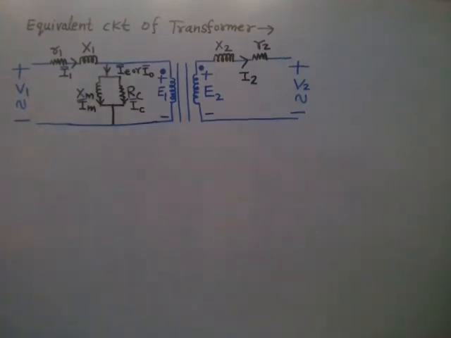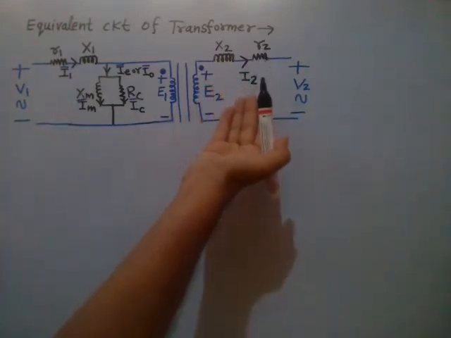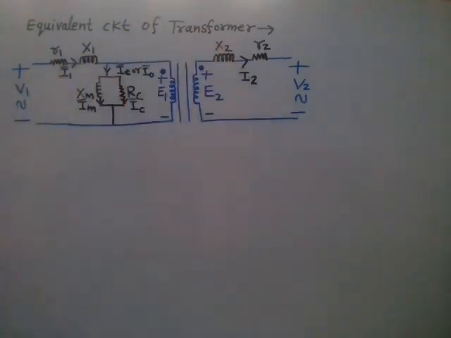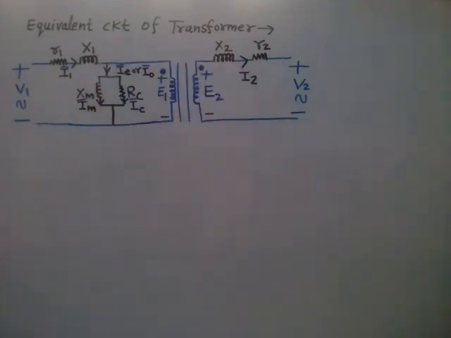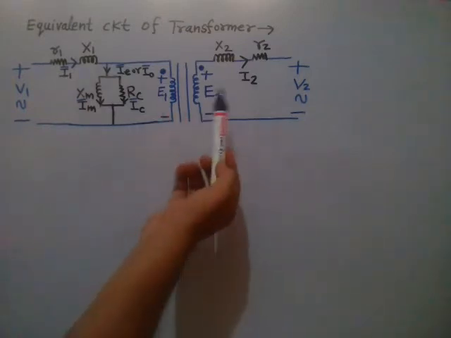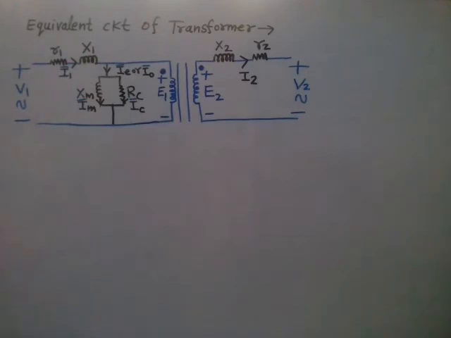Alright, so this I2, you can refer the secondary side quantity to the primary side, or primary side quantity to the secondary side. For ease of calculation, to simplify the calculation, you first make one combined equivalent circuit.